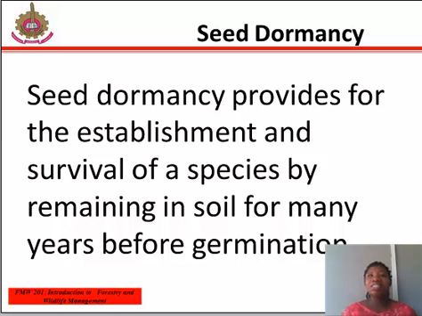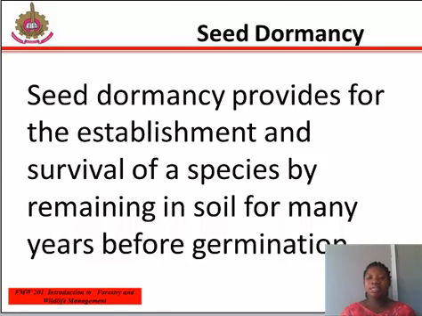Seed dormancy results from a number of causes, which include immaturity of the embryo, metabolic block within the embryo, mechanical resistance of the seed coat to growth of the embryo, impermeability of the seed coat to water and gaseous exchange, a combination of two or more of the causes, and secondary dormancy.